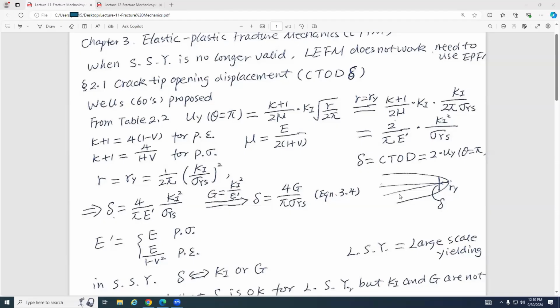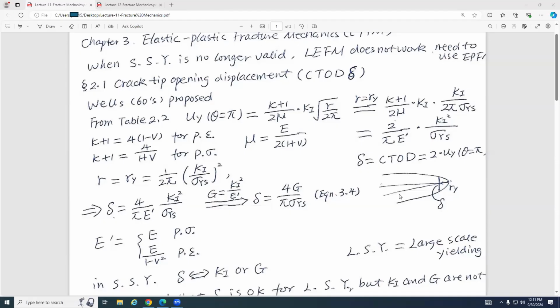At this point, it opens here. This is the original crack tip, here is some plasticity, and this is my new crack tip. From here to here is ry. What I want to know is the distance between this point and this ry.